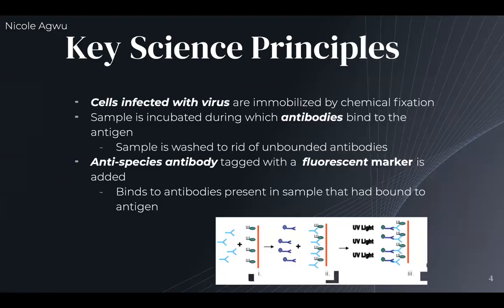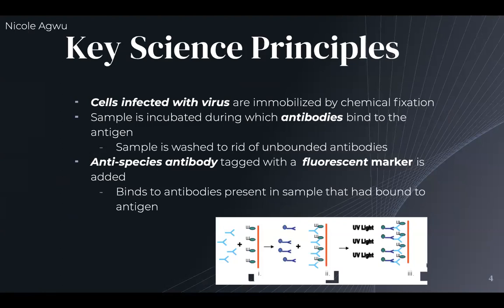So the key science principles in immunofluorescence testing. Basically, cells infected with a virus are immobilized by chemical fixation, meaning that they're put in place in the samples so that they aren't destroyed by enzymes or autolysis. Then the sample is incubated, during which antibodies bind to the antigen.